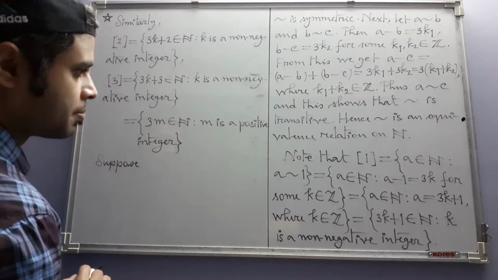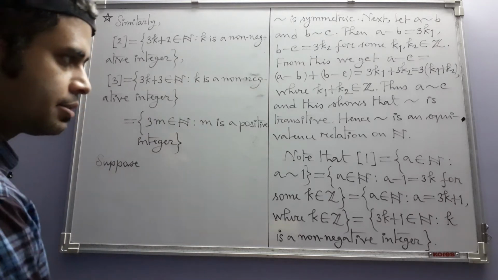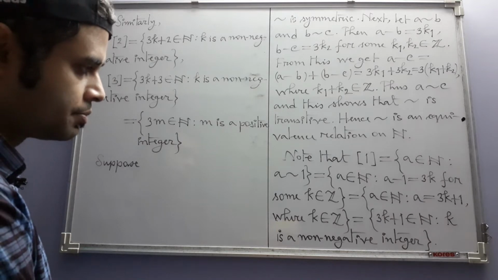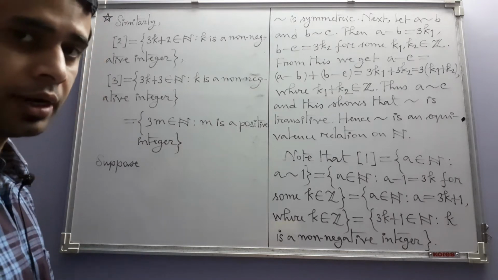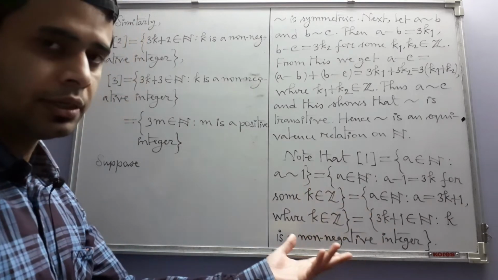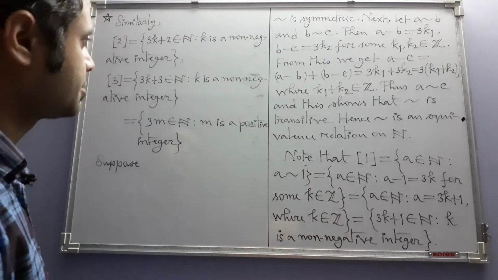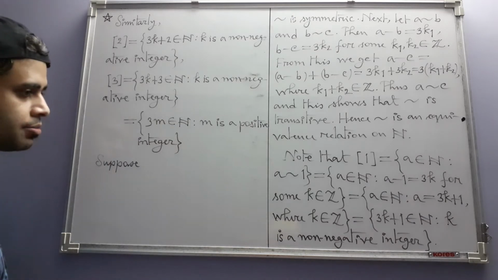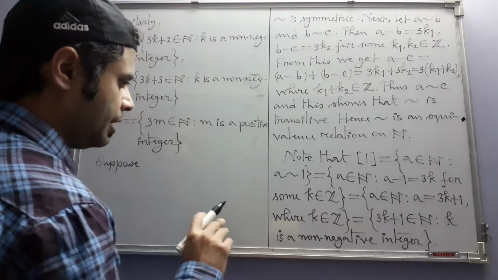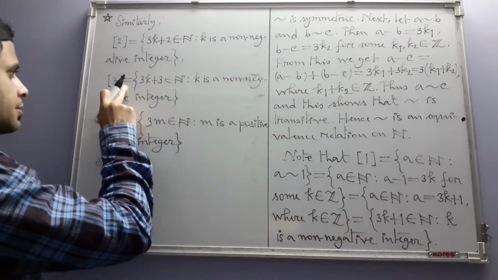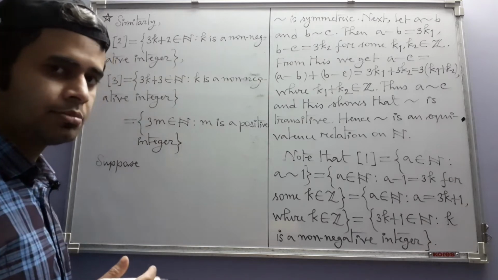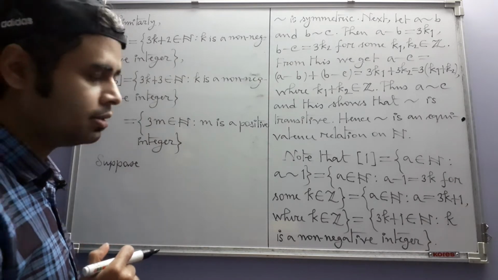But that is almost evident, no? Because of the nature of the general element in each such equivalence class. Almost evident. Why I am saying it's because any element, for example, in this class looks like what? It looks like 3m, so that element is divisible by 3.